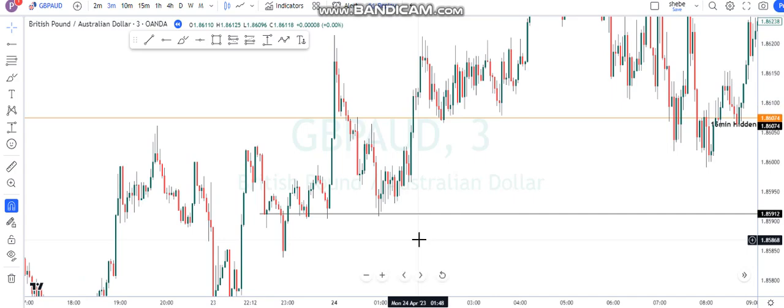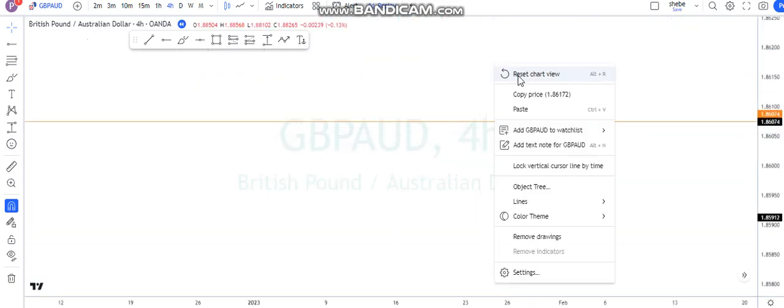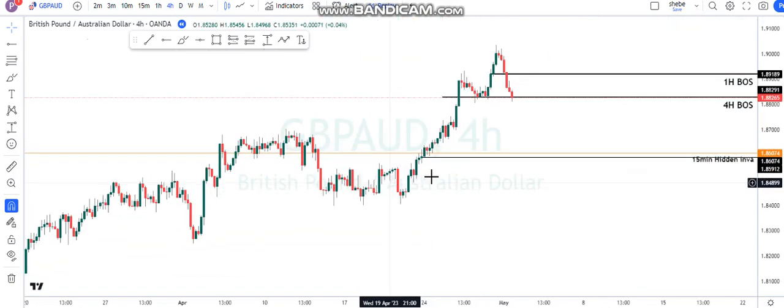After seeing that, the price came back into the exact point. Now let's go to 4 hours and see what happened.